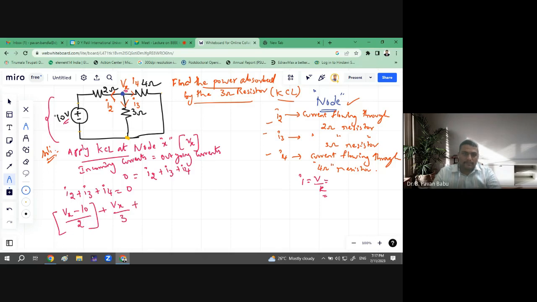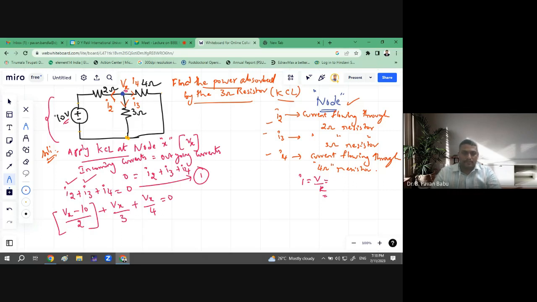Plus, we have finished I3 and I2, let's move to I4. I4 is the current flowing through the 4 ohm resistor, connected between Vx and 0, so it is Vx minus 0 by 4. You can write it as Vx by 4, which is equal to 0. That would be equation 1.